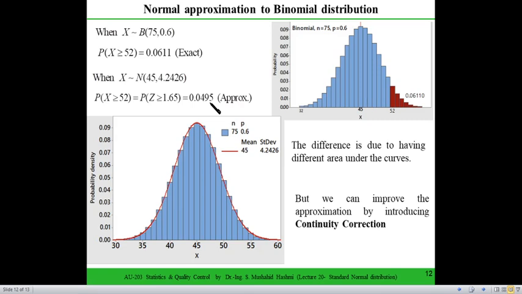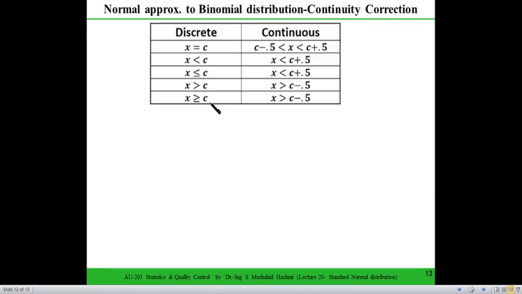So if n is a large number, np is greater than or equal to 10, and n times (1 minus p) is greater than 10, then the binomial distribution can be calculated using a normal distribution. Further correction in the value can be done by introducing a correction called continuity correction.